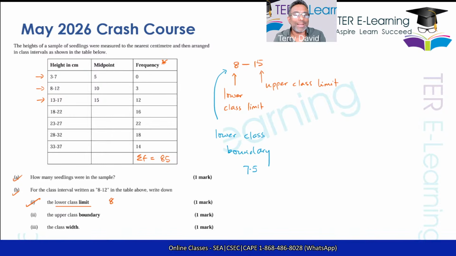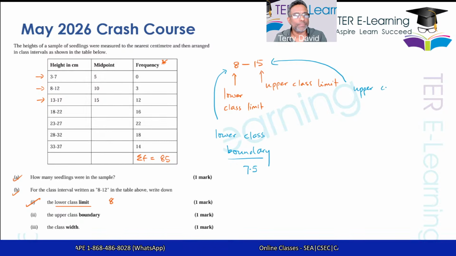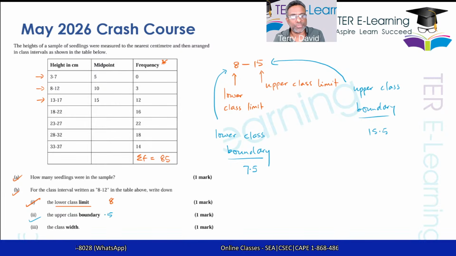That is called a lower class boundary. For the upper end, if I were to ask you for the upper class boundary, the upper class boundary in this case is going to be 15.5. So when they ask us what's the upper class boundary, this is going to be 15.5.